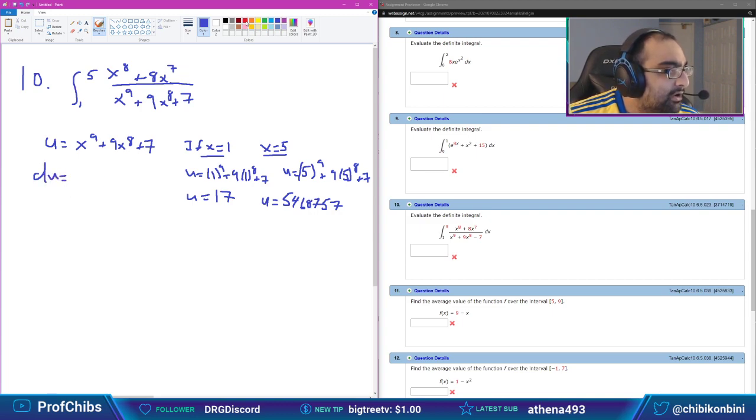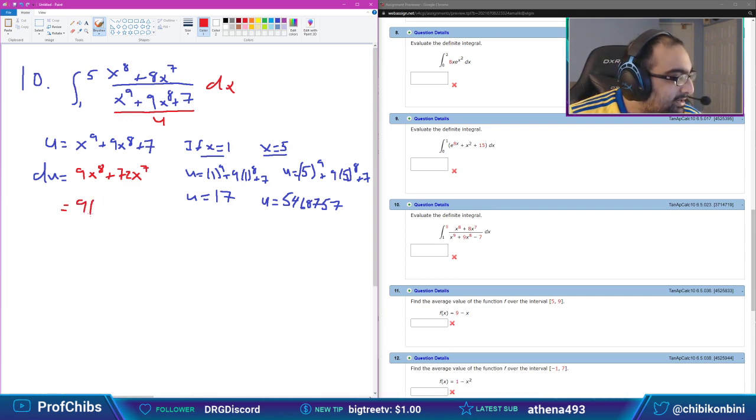Now actually solving for u, we need to find the integral of u here, which is going to be 9x to the 8th plus 72x to the 7th. This stuff here gets replaced with u. We have x to the 8th plus 8x to the 7th dx, but the nice part is that this factors out a 9, leaving x to the 8th plus 8x to the 7th.